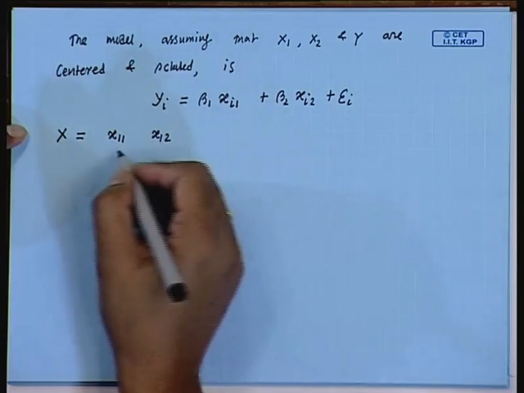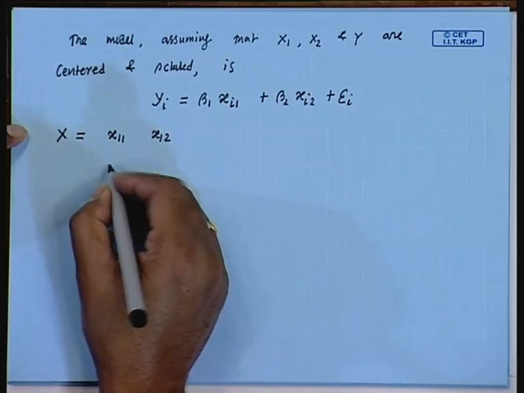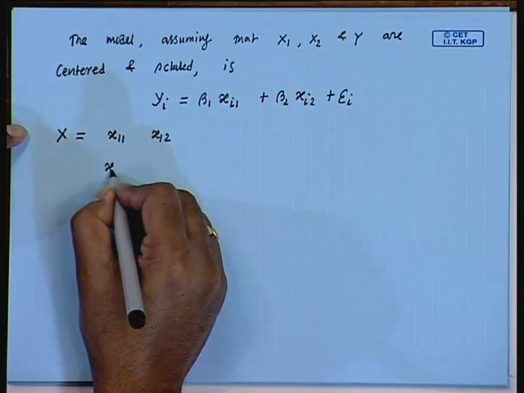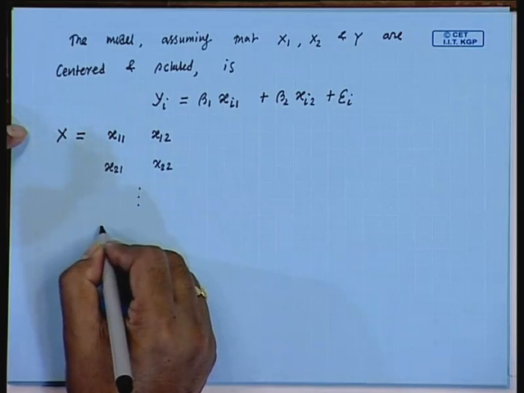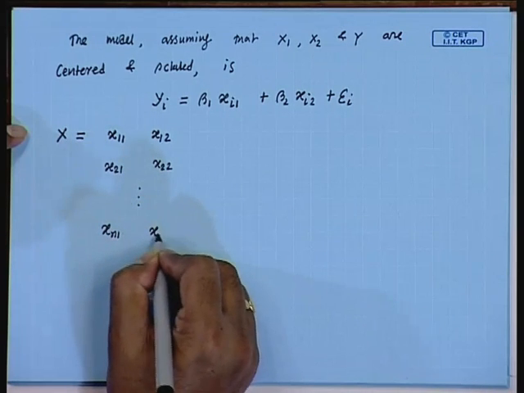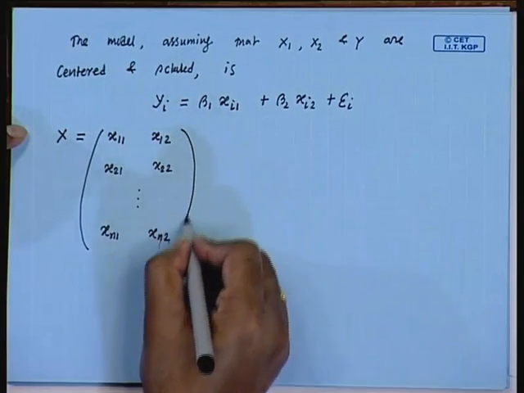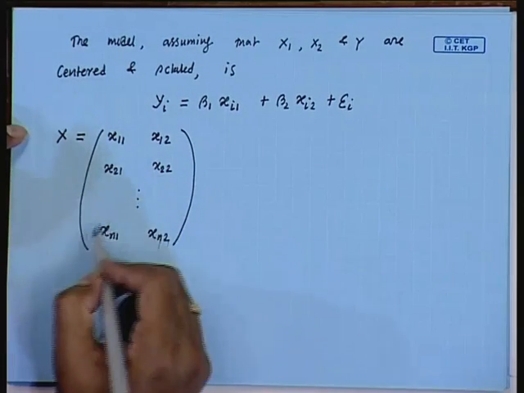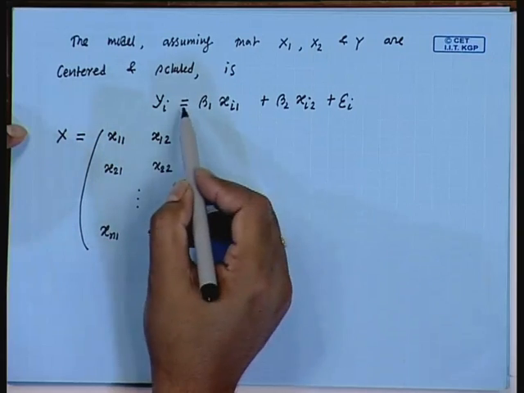I am writing small x, that means this is for the transformed data, x21, x22, and xn1, xn2. See that the column of 1s is not there, that column is associated with the intercept beta naught.